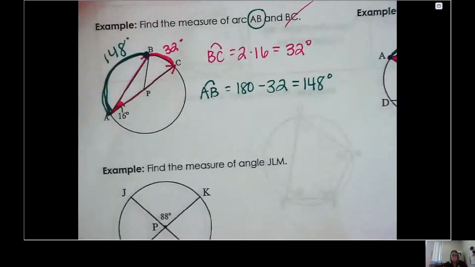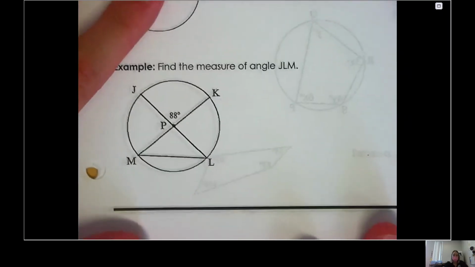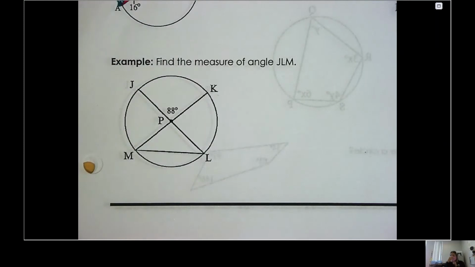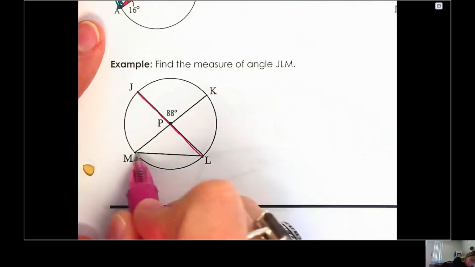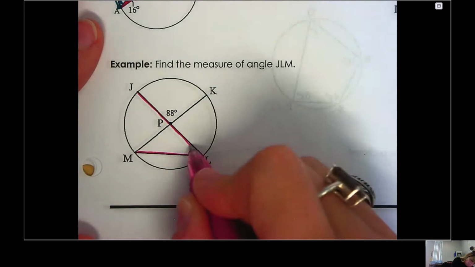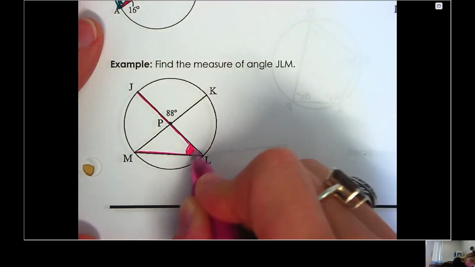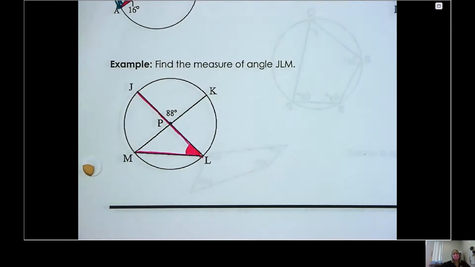D6. Okay, we're good. Bless you. All right. Find the measure of angle JLM. So just like before, let's start by tracing the angle that we want to find. JLM, and let's color it in. Here's the angle, JLM.